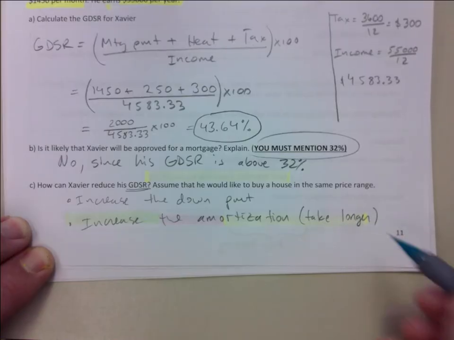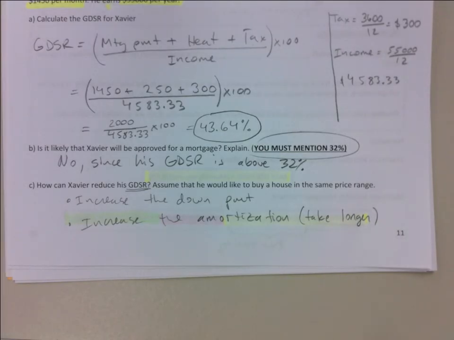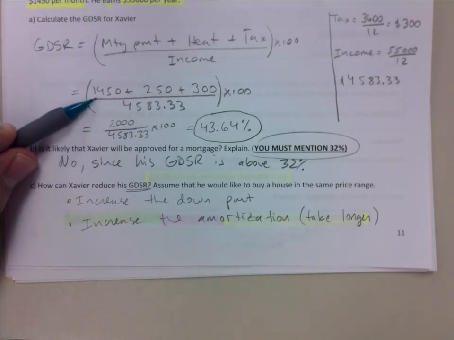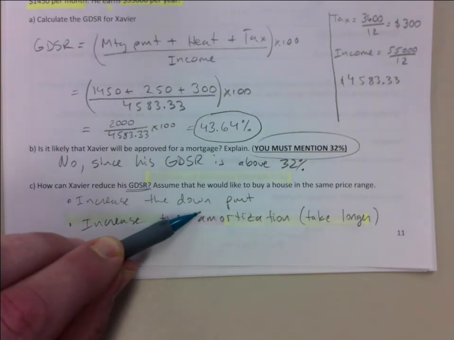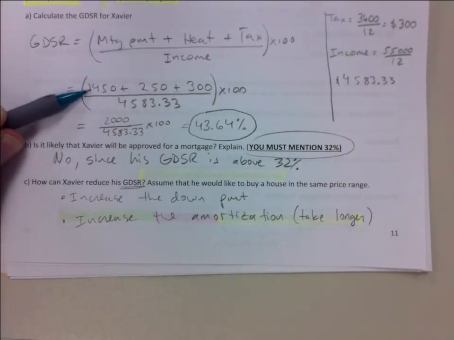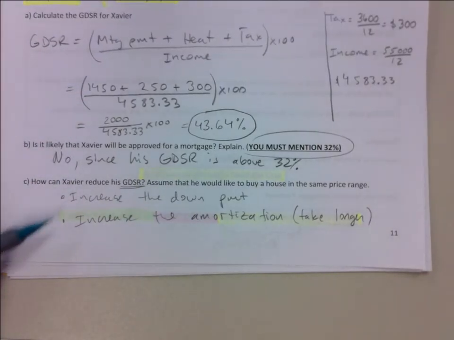Why would that allow you to qualify? What happens when you take longer to pay? What happens to your payment in general? It goes down. If you increase the down payment, what happens to your payment in general? It goes down. So that's basically what I've done here. Please don't say don't use the heat as much or don't pay as much property taxes, because you can't argue with that. You cannot change that.